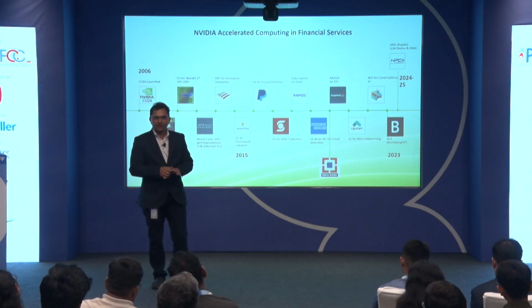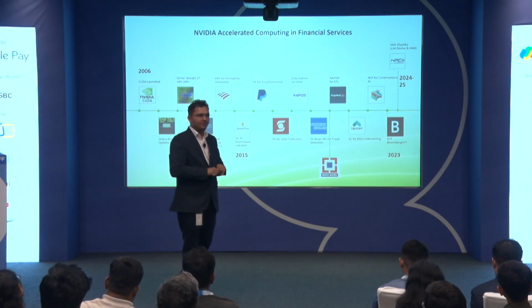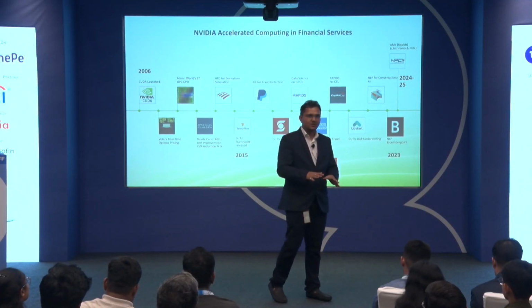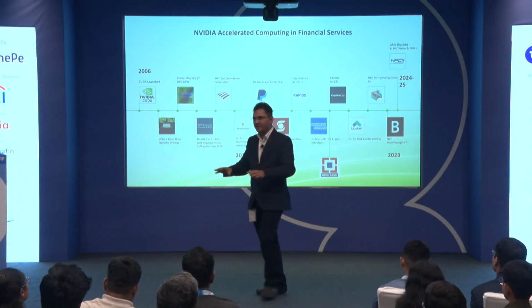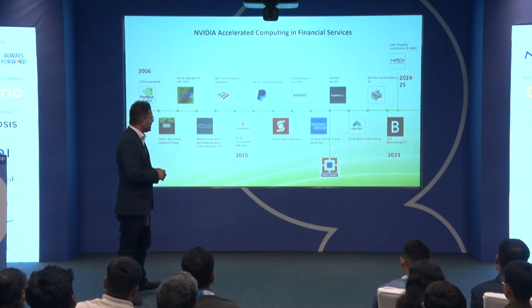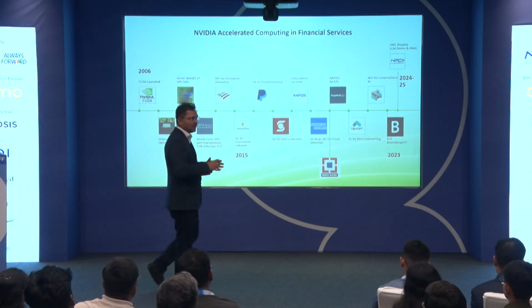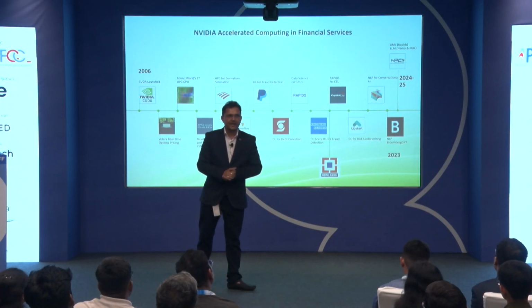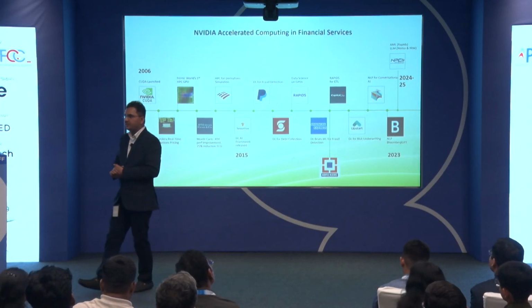We are currently working with NPCI. You will come to know what we have worked on with them. That announcement is still to happen, so I'll not go into that. But we are deeply engaged with NPCI on mule detection, AML, and the LLM side of it. Next, please.